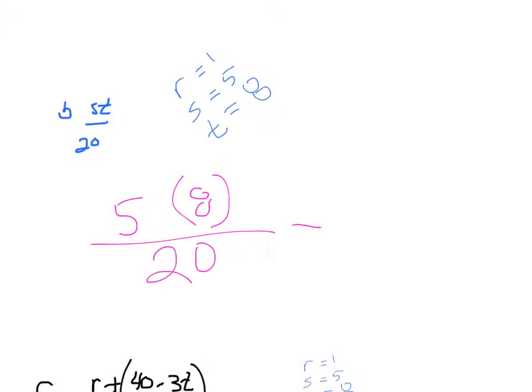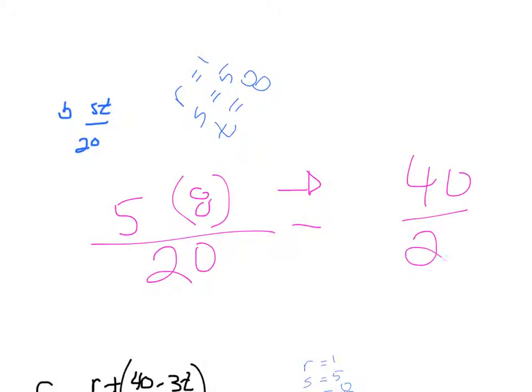So 5 times 8 is 40. 40 divided by 20 equals 2. So the correct answer, ladies and gentlemen, is 2.